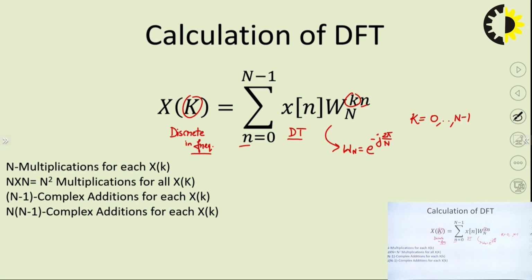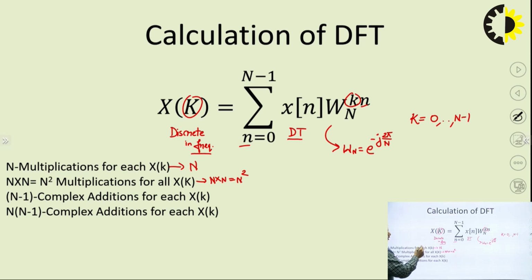Now, for evaluating this discrete Fourier transform, each X of k requires n complex multiplications, and since k goes from 0 to n minus 1, we require n into n, that is n square complex multiplications.